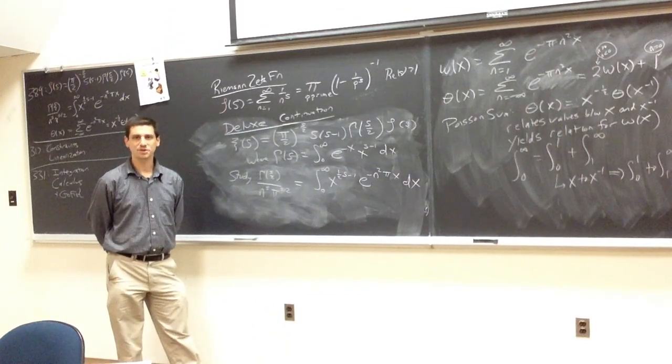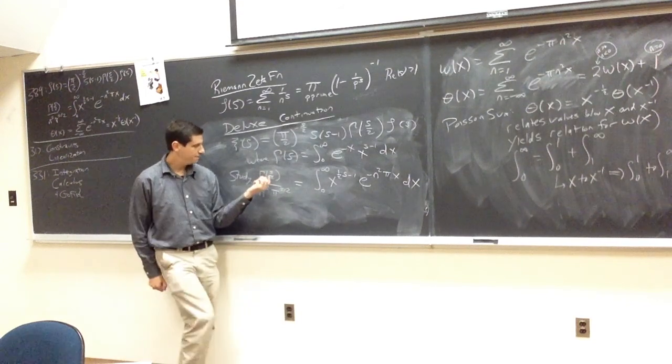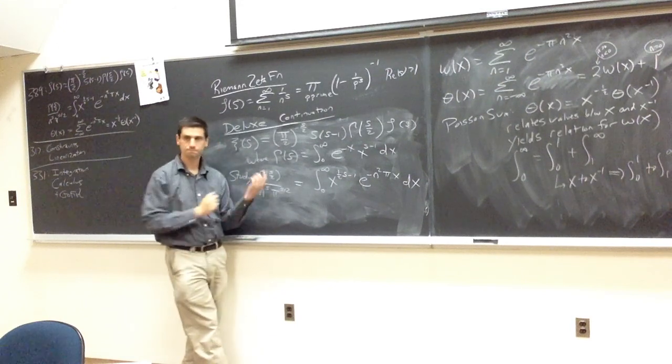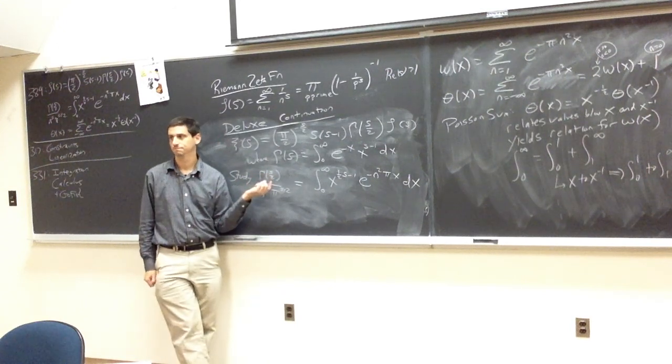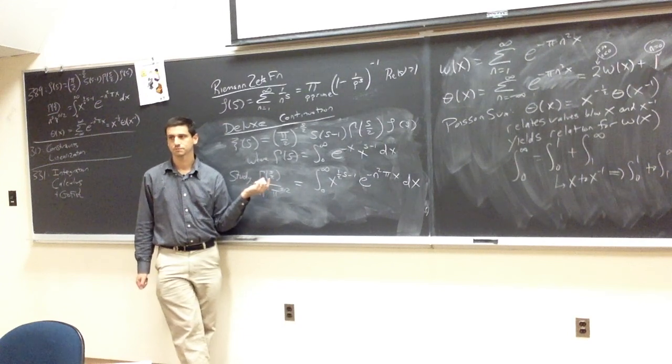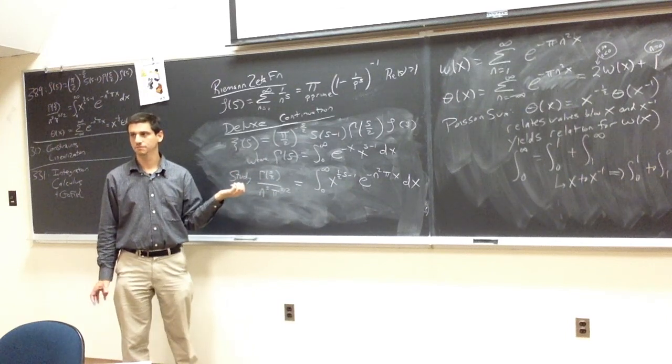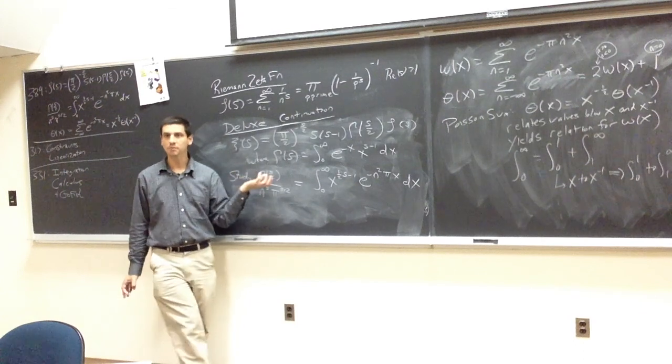So this is the part that's not immediately clear as to why you would want to look at this. For a fixed value of s, is gamma of s halves bad? It's definite. It's some number.